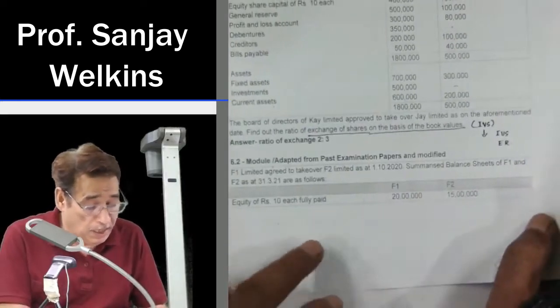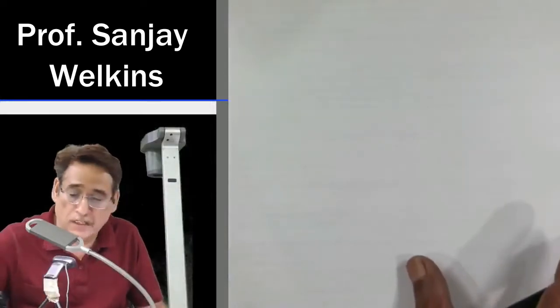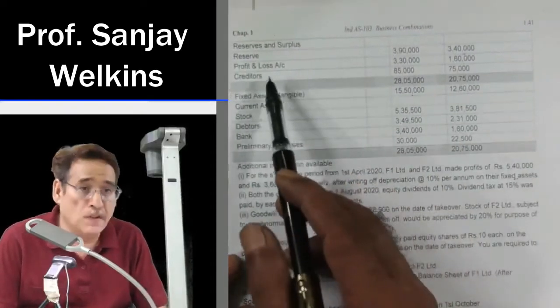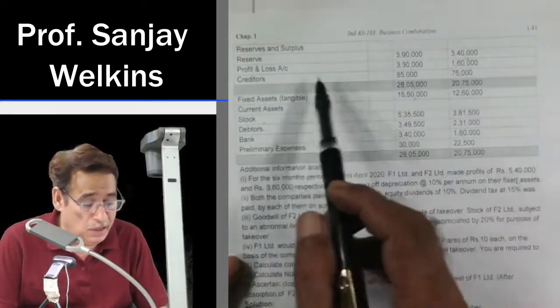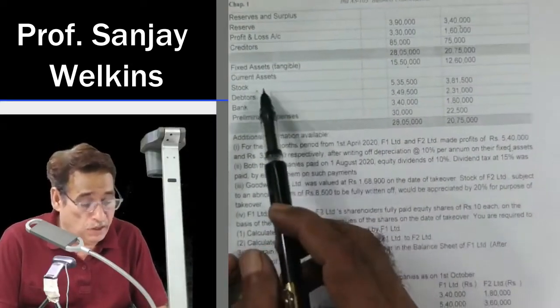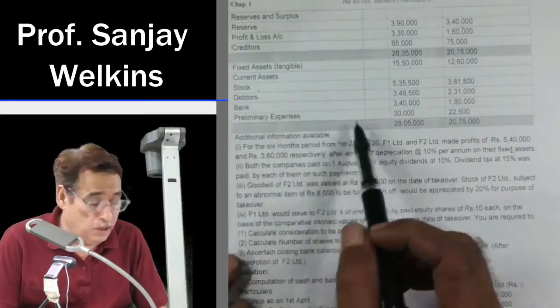Now, item given to us is equity, 20 lakh and 15 lakh. Besides that, the question then runs to the next sheet. Further, we are given reserve and surplus. Reserves of these two companies are 390, 340, then profit or loss account and creditors. Besides that, we have current asset in the form of stock, debtors, bank, and preliminary expenses.